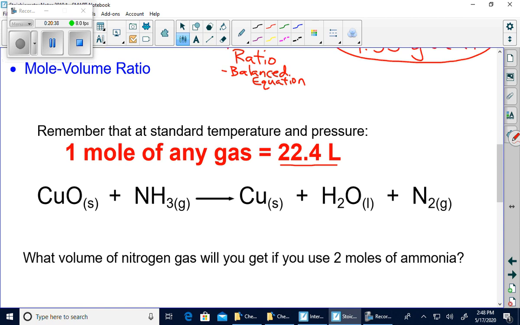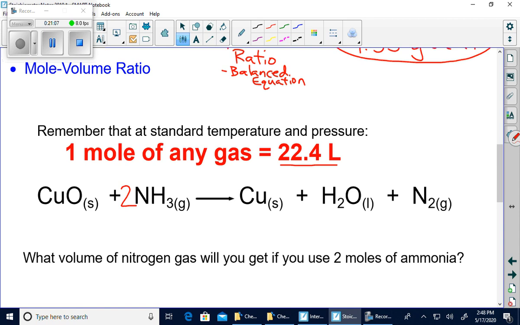Let's look at this. So I have another reaction here. I could have stuck with the same one because that produced hydrogen gas, but I'm giving you another one. It looks to me like it's not balanced because I have 1 nitrogen on my reactant side and 2 on the product side. So I need to put a 2 in front of the ammonia.